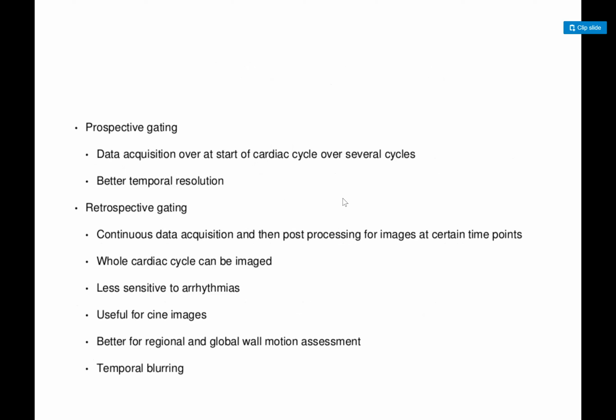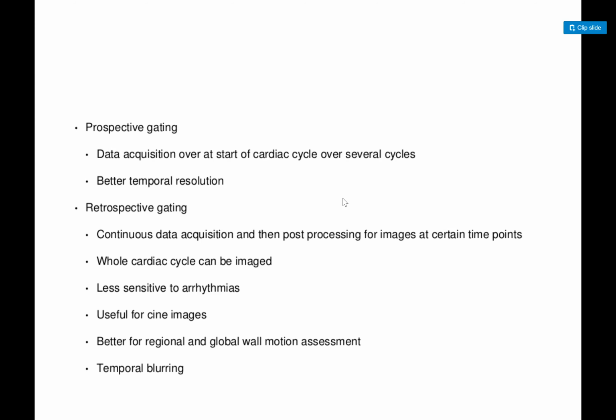While retrospective gating is where you are continuously acquiring the data, and then in the future, we post-process it and obtain the image data from that. It's good for cine images. It's less sensitive to arrhythmias or PVCs or tachycardia, and it's better for regional and global wall motion assessment.